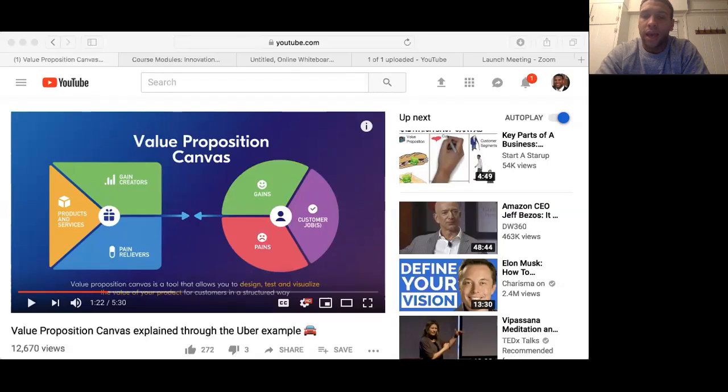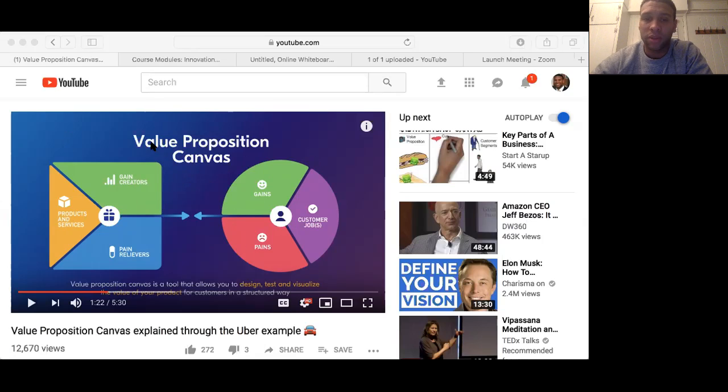Per the business model canvas, we know one of the boxes on there is the key propositions, or the value proposition. What you'll see here is this value proposition canvas, which we've pulled up. In your assignments this week, you'll watch a couple videos that'll break this down as well.